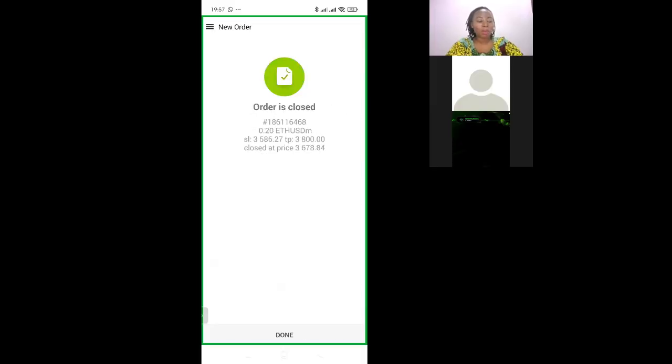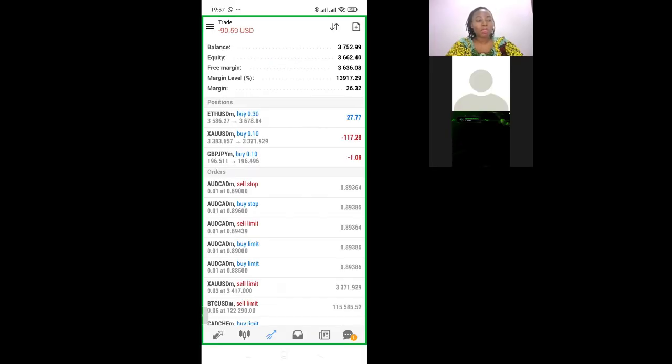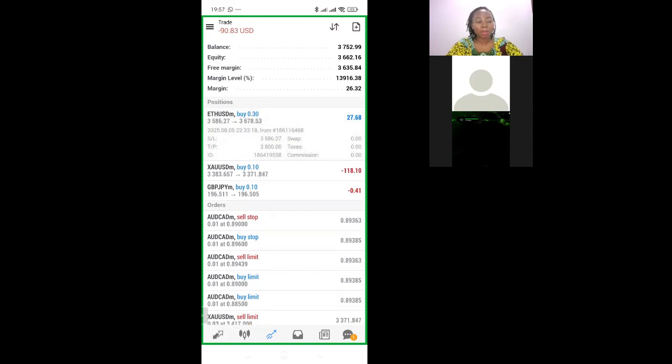Now I have closed that part of the trade with profits, but I still have the other 0.3 running. I have put this position at break even, and I can now leave it for it to hit the TP, or as it's moving upwards, I can be adjusting my stop loss forward to trail the profits.